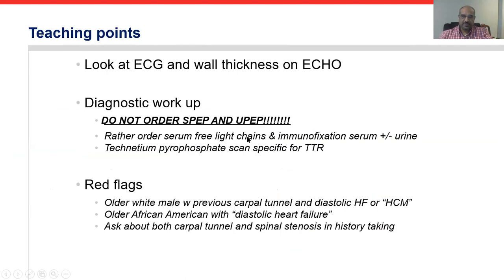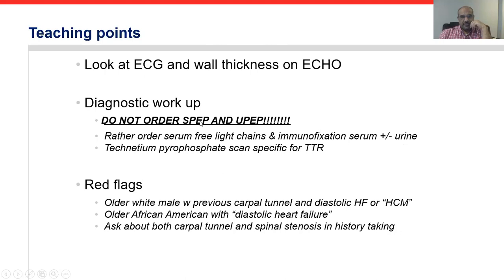Serum free light chains and immunofixation are the most important, either in the urine or the serum. Then technetium pyrophosphate scan is very specific for TTR. These are the most important tests: the technetium pyrophosphate, and the serum free light chains and immunofixation in the serum and the urine.